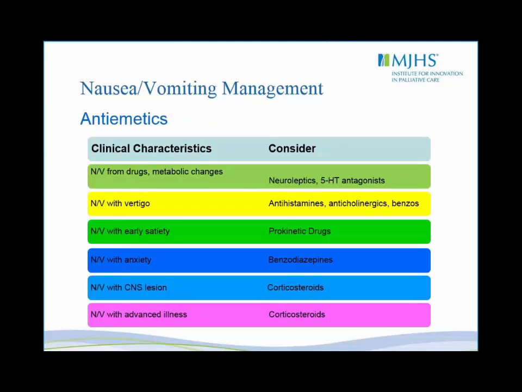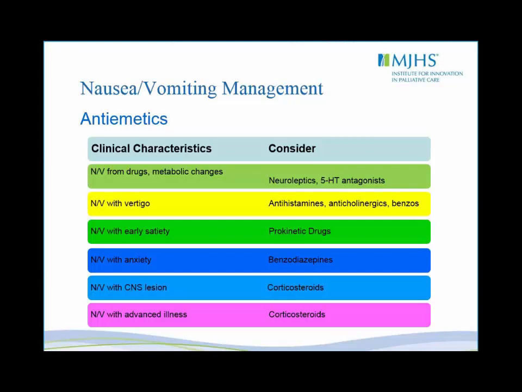If you remember the schematic representation for the pathophysiology and the different circuits and zones that were involved, even though this is not an equation, this is not a recipe, it seems that if we have clinical characteristics that tell us that the nausea and vomiting is coming from medication or from metabolic changes, neuroleptics and 5-HT antagonists will be the best drugs to start with. Maybe they won't necessarily control the whole symptom, but probably that would be a good start.